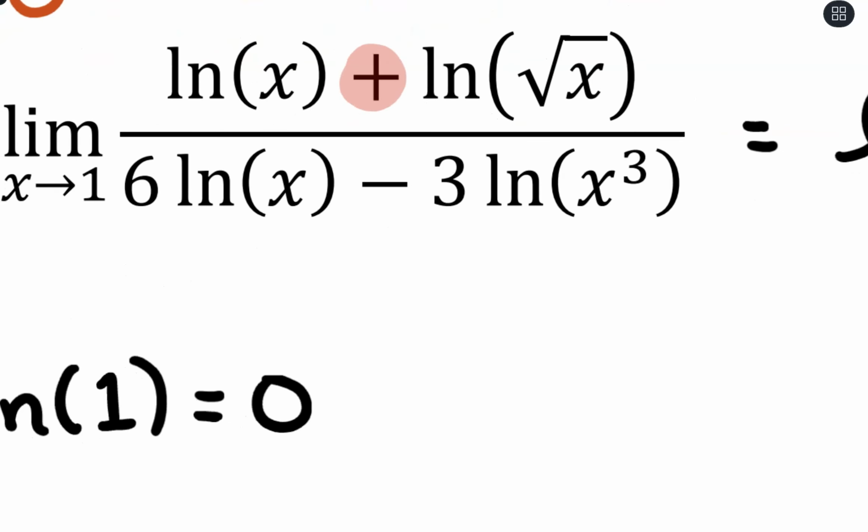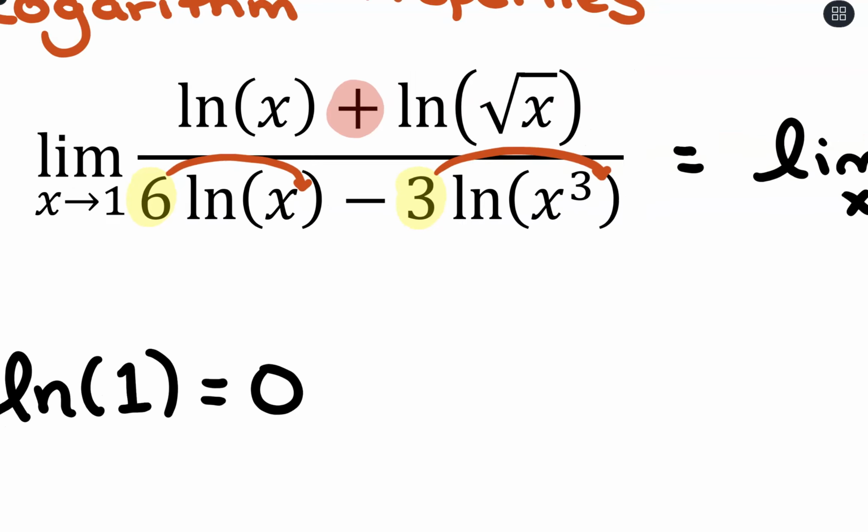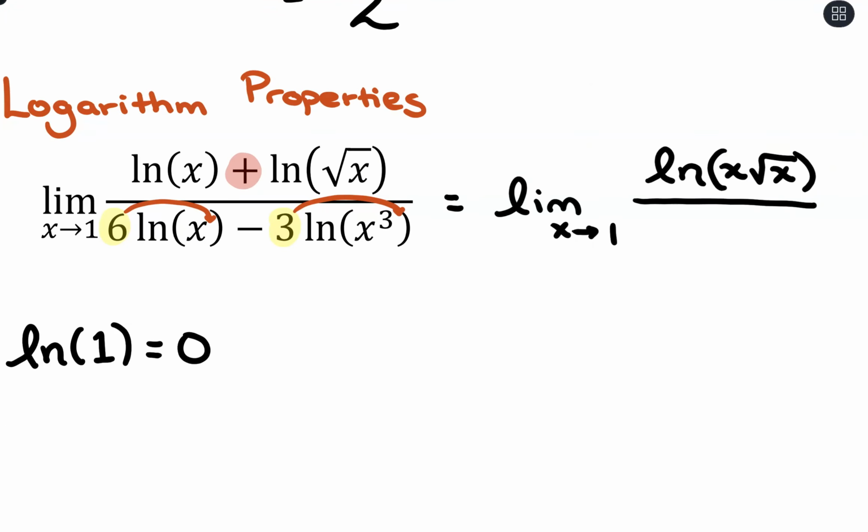We're going to use a similar one with subtraction in the denominator, but before we do that, we need to be aware of these numbers that are outside. A logarithm property says that those can come inside the parentheses as an exponent. So what I'm going to do is have it as the logarithm of x to the 6th power minus the logarithm of, and we already have x cubed.